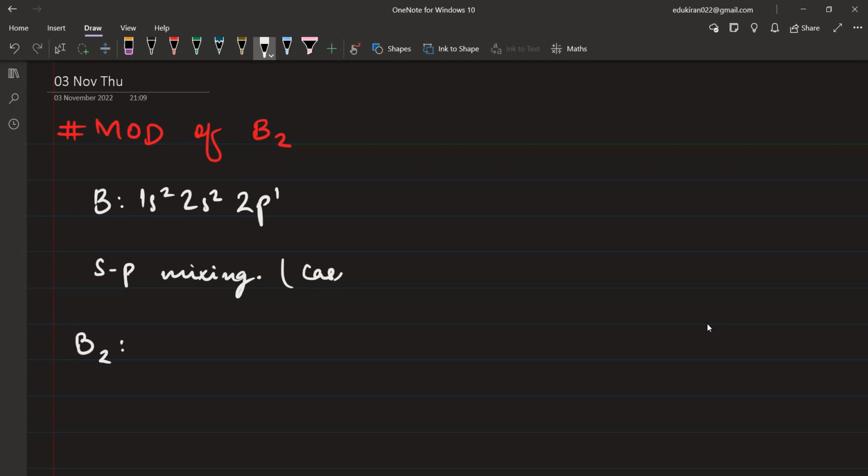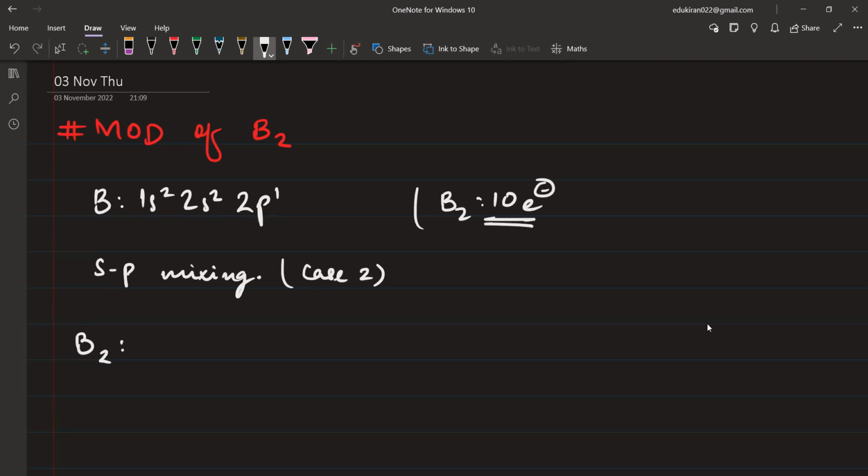Case 2. Okay. Now the total number of electrons: one boron has 5 electrons, so the total number of electrons in B2 is 10. So we have to fill 10 electrons in the molecule B2.